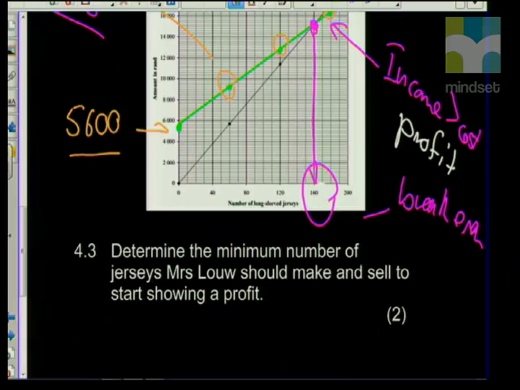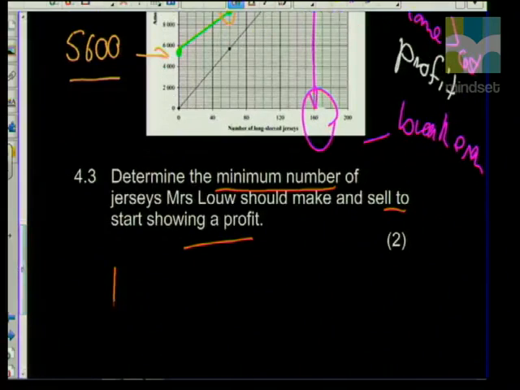Now, read the next part of the question, which is the important one. It says, determine the minimum number of jerseys Mrs. Nell should make if she's going to start making a profit. So we don't want her to be at break even. What's the minimum? If she makes 160 jerseys, she's at break even. She's got to complete the whole jersey. Nobody's going to buy a half a jersey.